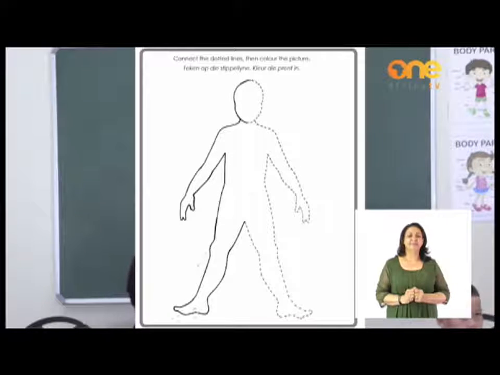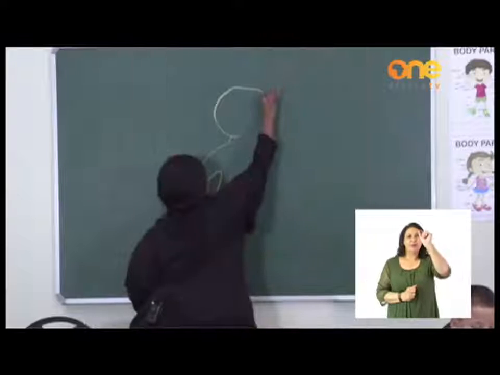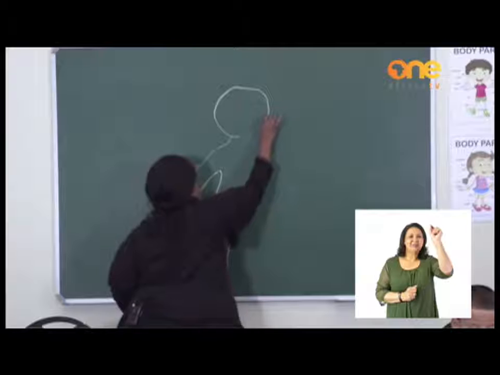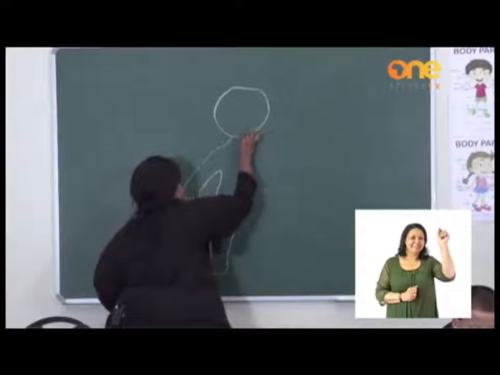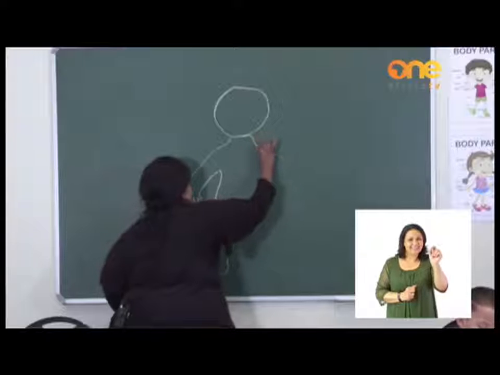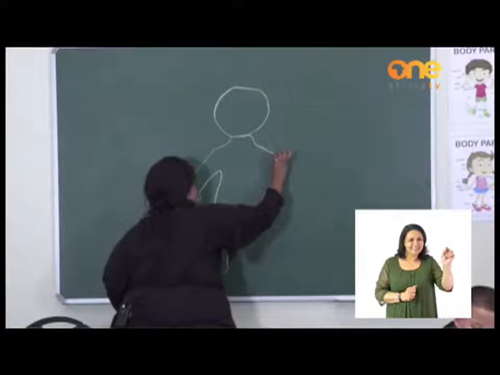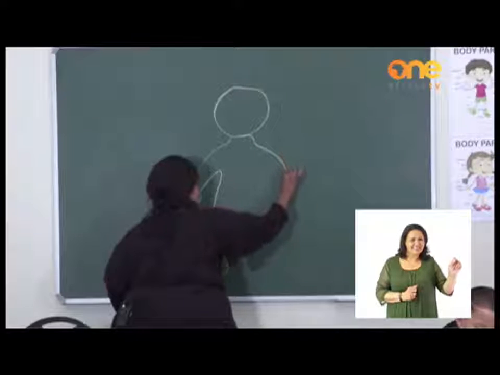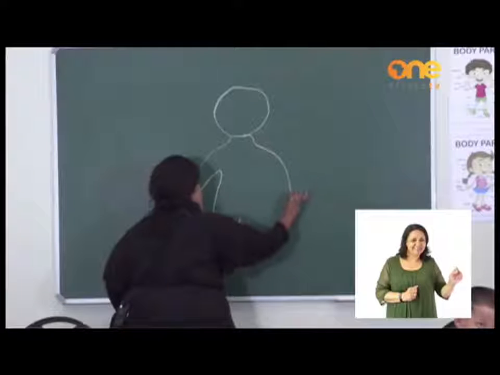and we will start. We go around. On the dotted lines, make sure that you are drawing on the dotted lines. Make sure that your pencil or your crayon is on the dotted lines.